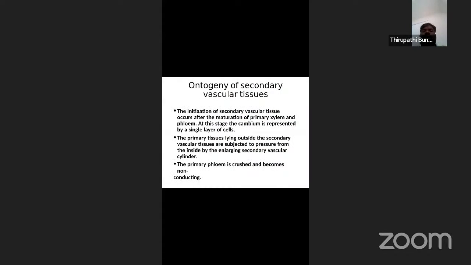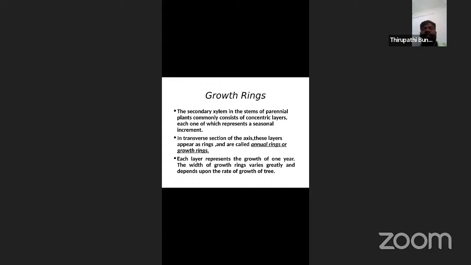Next, vascular tissues. Next, sapwood and hardwood. See once, this is the growth rings. The study of growth rings is called dendrochronology.